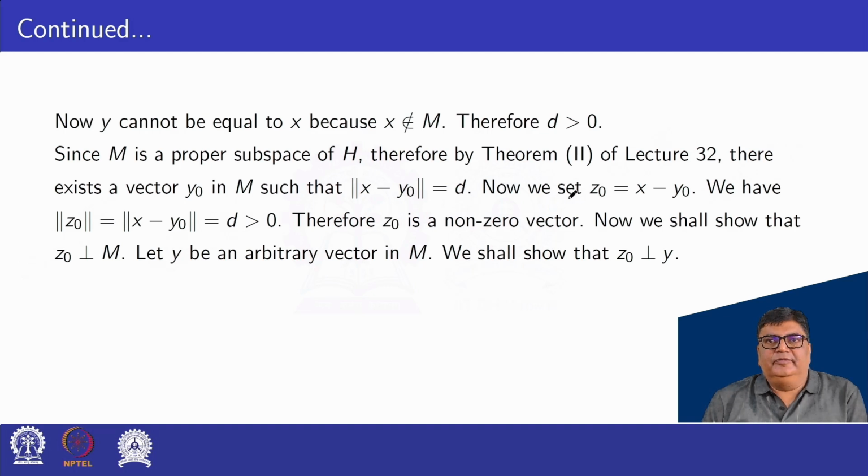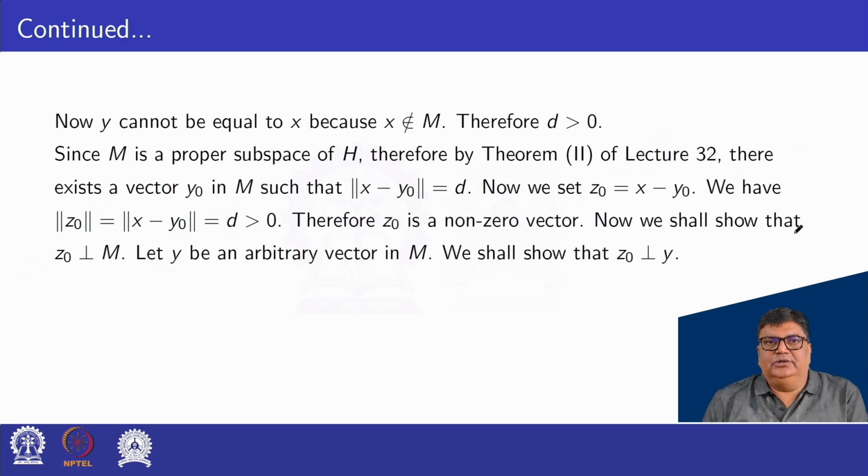Now we set z0 equal to x minus y0. We have the norm of z0 equal to the norm of x minus y0, which equals d, which is greater than 0. Therefore, z0 is a non-zero vector.